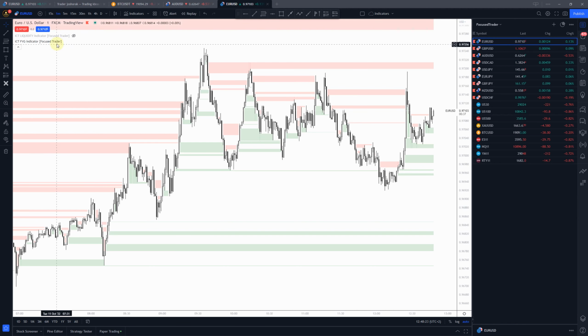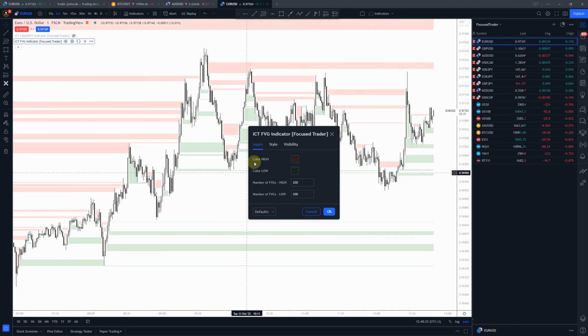Okay, so we've got this turned on. Let's go to settings and you will see that it is very simplistic. There are only the color settings and the number of displayed fair value gaps on highs and lows. If you want the script to load faster, you could lower this number to, I don't know, 100.